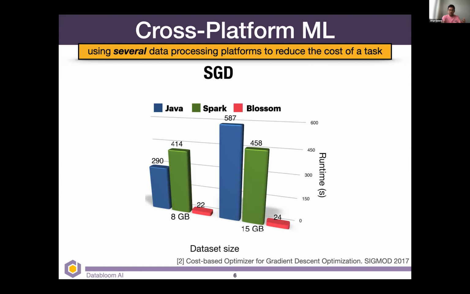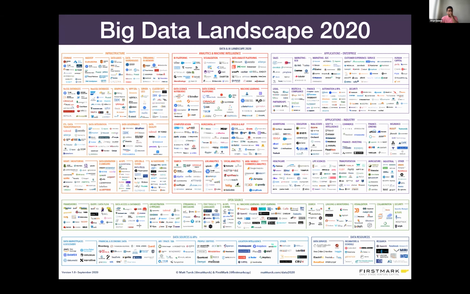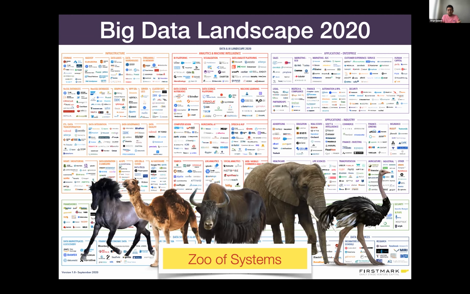The main challenge is the landscape you have when picking the right systems. You have a huge landscape, and this is the big data landscape in 2020; in 2021, it has already gotten messier. We're talking about a zoo of systems, and how we pick the right platform, which combination we should use among these animals, is not that simple.